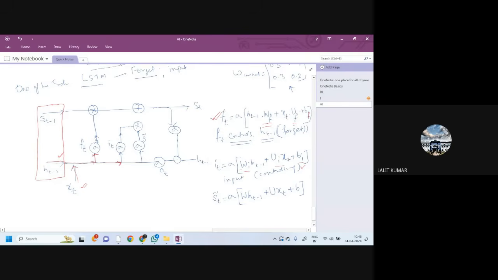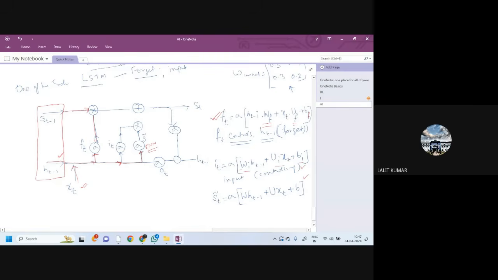Then I take this FT, I multiply by ST minus 1. So here I get a value. This input, here I control a normal RNN S tilde. I calculate normal RNN S tilde, which is nothing but tanh of W HT minus 1, U XT plus B.